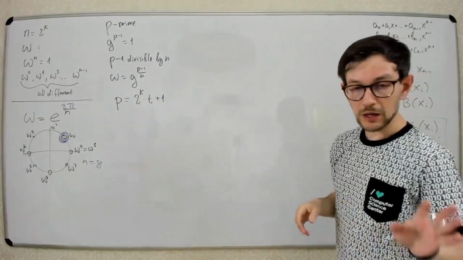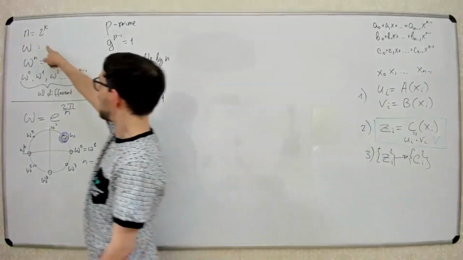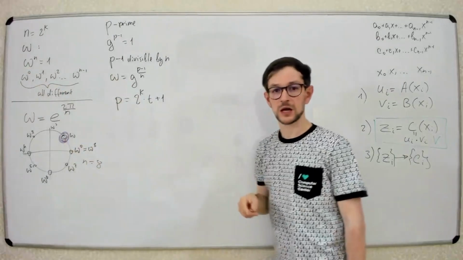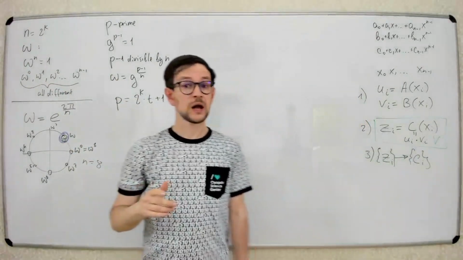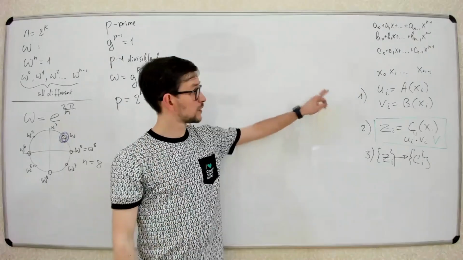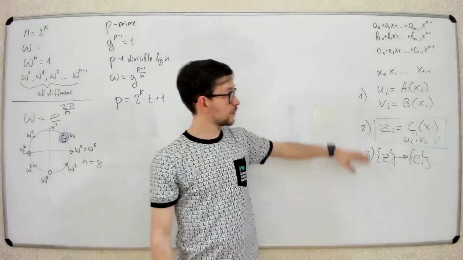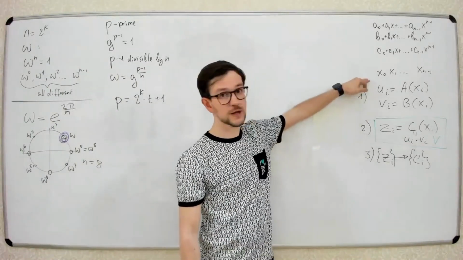So let's imagine you have all these prerequisites. You have n as a power of 2, and you have a number w like this. Now what? What will we do? Let's go back here. For this algorithm, we need to pick these numbers x, and we can pick any numbers here.